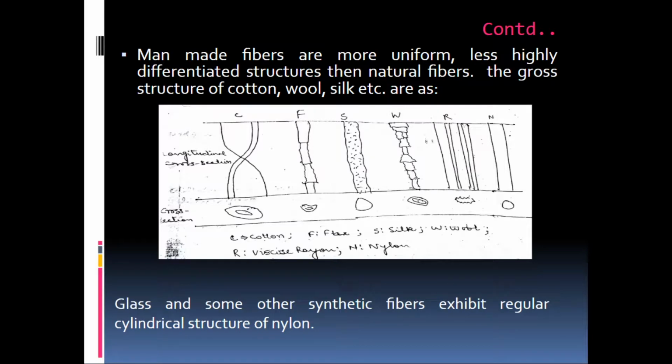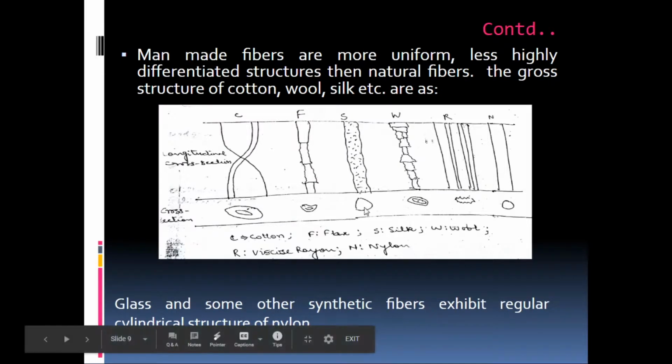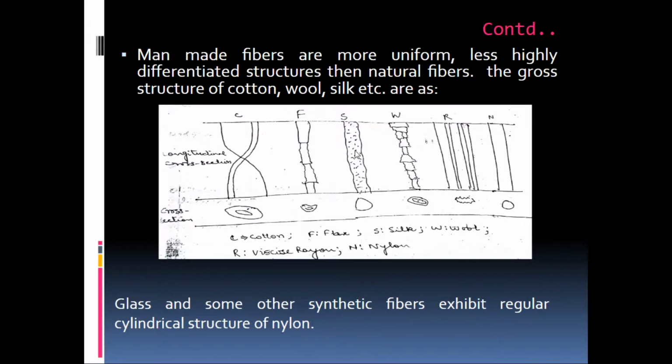The gross structure of cotton, wool, silk are shown here. So this one is the structure of cotton, this is for flax, this is for silk, and this is for wool, and this is for rayon, and this is for nylon. From the figure we see cotton has a random structure, whereas in flax and silk the molecules are arranged in a long range order, while in rayon and nylon the molecules are parallel to the axis.